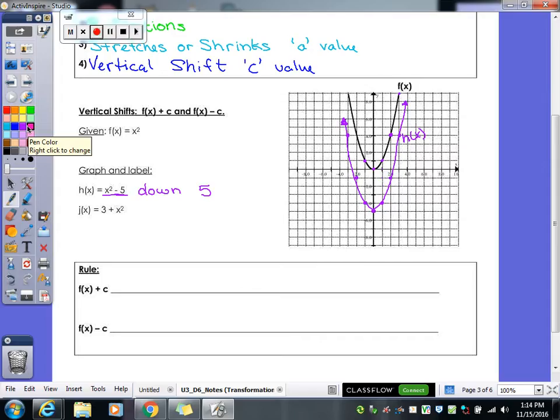So for our next one, j of x, I'm just going to rewrite this and put it in standard form. So I'm going to put my x squared first, so that's really x squared plus 3. So which way do you think this one's going to move? Up, how many? All right, so I'm just going to write up 3. So I'm going to go back again. You got to start with your parent function. And you're going to take each point this time and move them up 3.